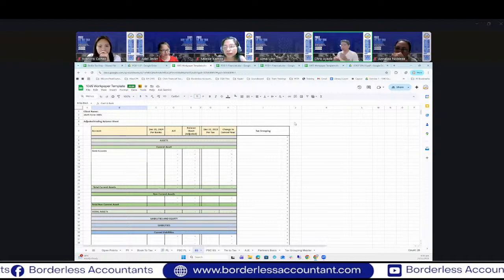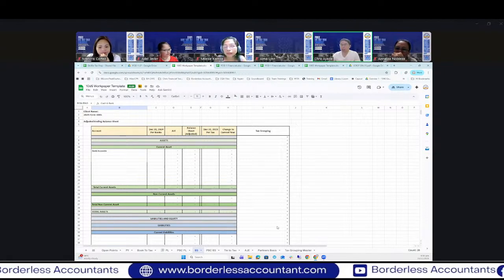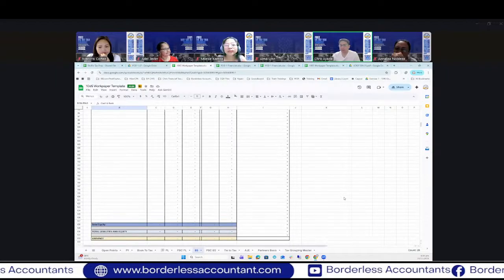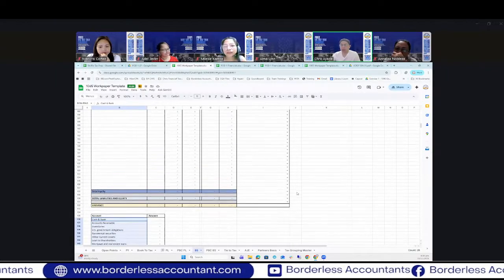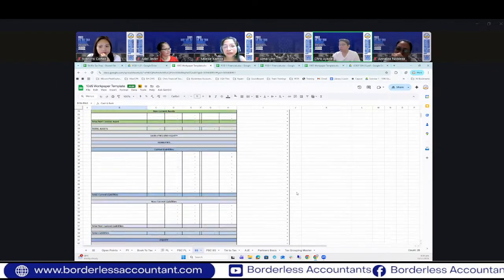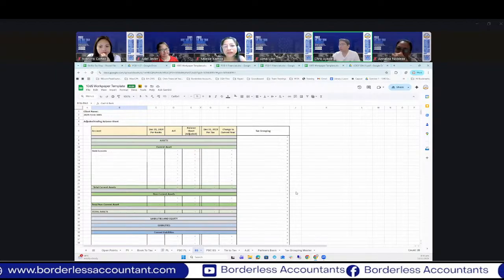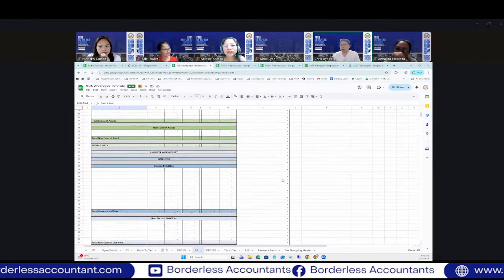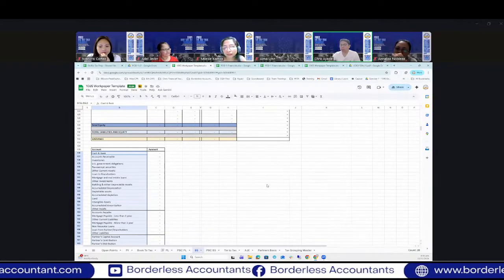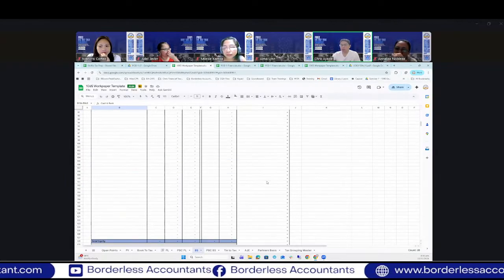Make sense? So we have this work paper because pag nagre-review na, right? Ang bilis na lang i-trace ng reviewer kung anong account yung ginamit ng preparer to record.